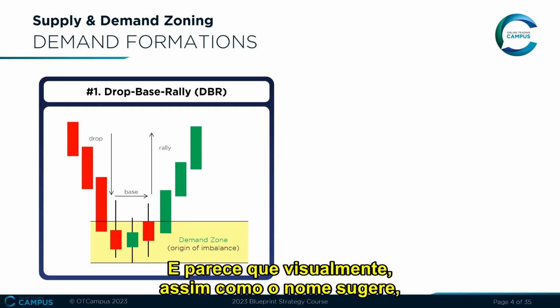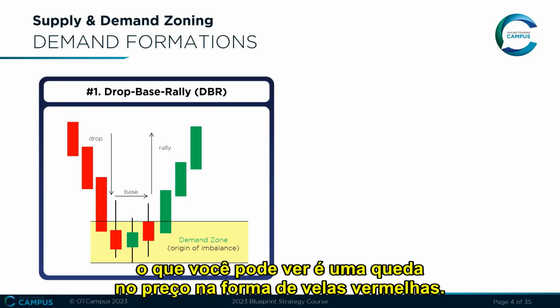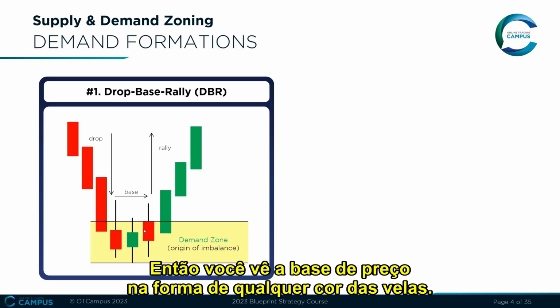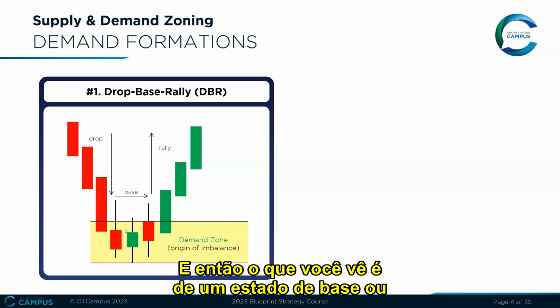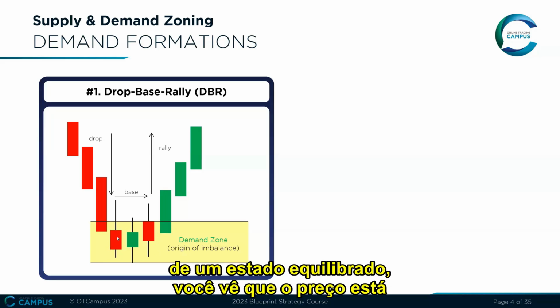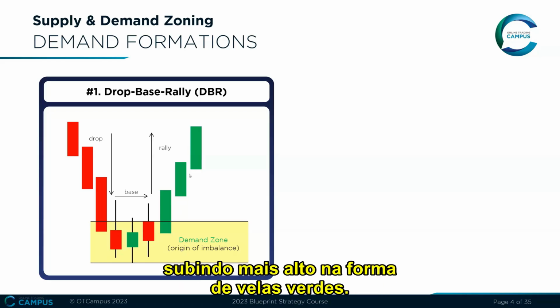And it looks like visually, just like the name suggests, what you can see is a drop in price in the form of red candles. Then you see price basing in the form of any color of the candles. And then from a basing state or from a balanced state, you see that price is rallying higher in the form of green candles.